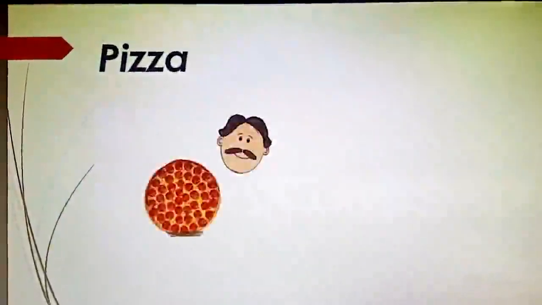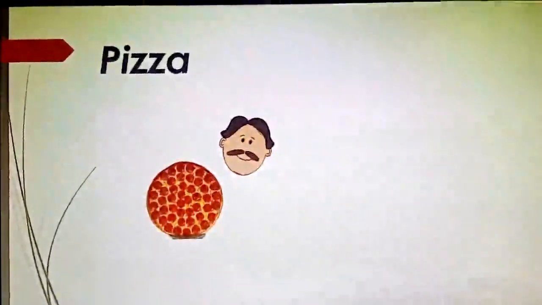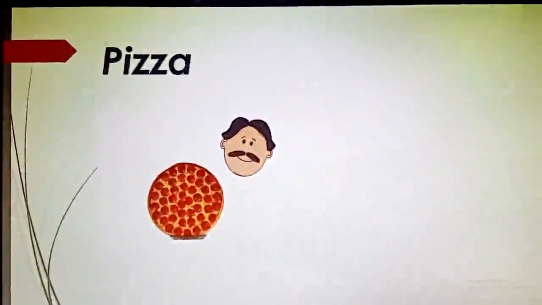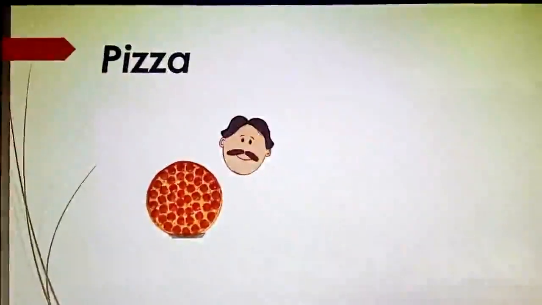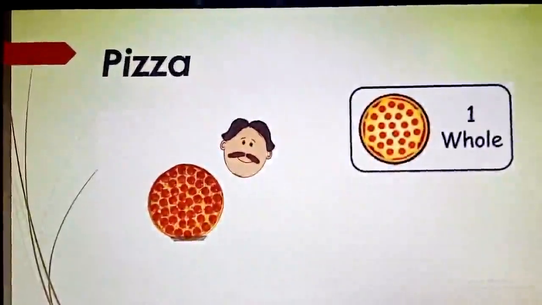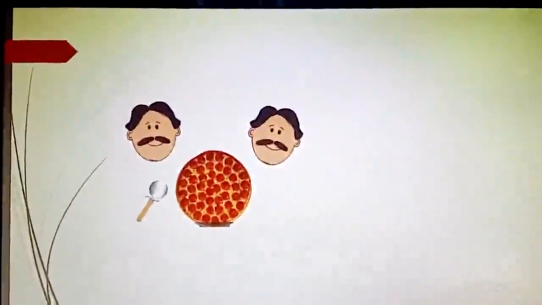Pizza. All of you like pizza. When I am hungry, I will eat all of the pizza. This means that I ate the whole one. Okay? If my friend is with me, we will divide the pizza into 2 equal parts.